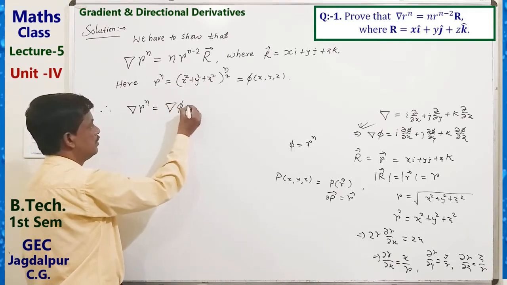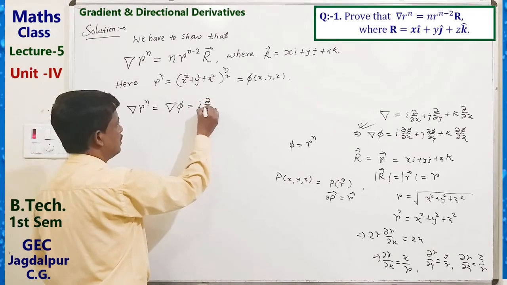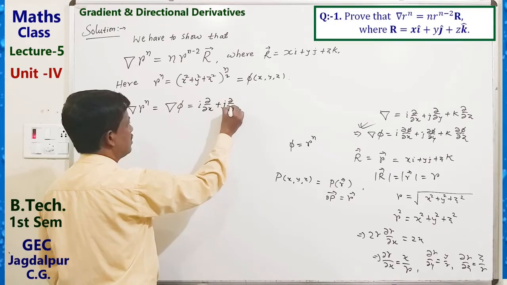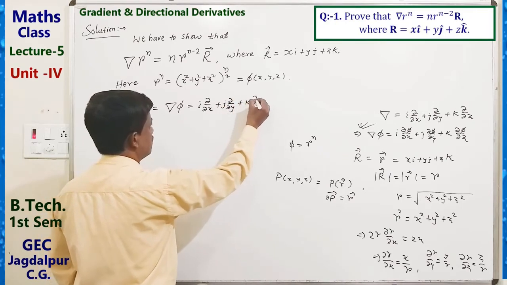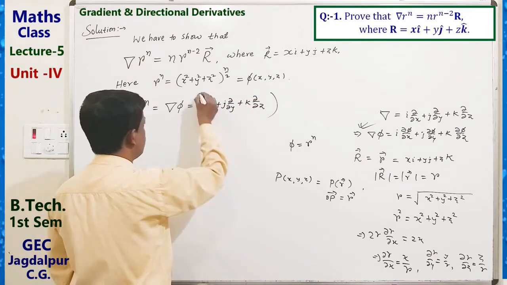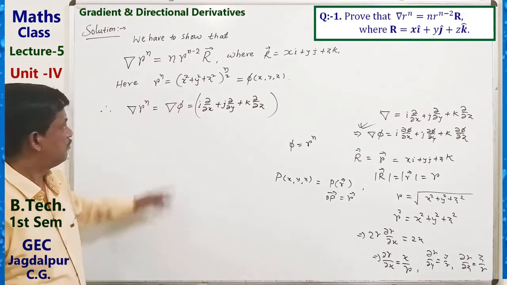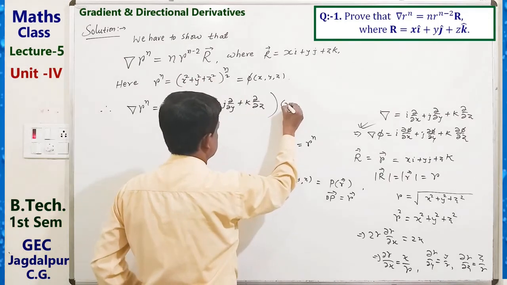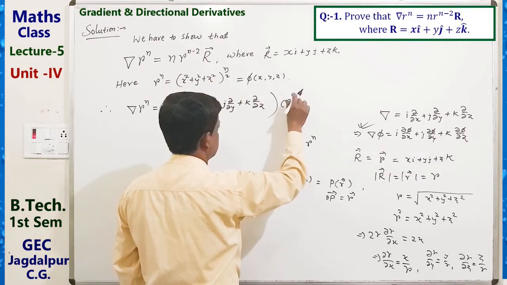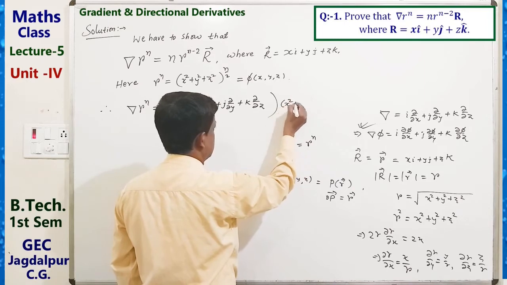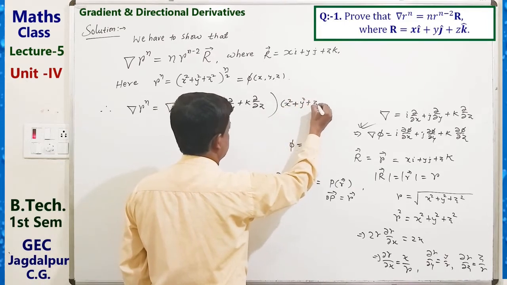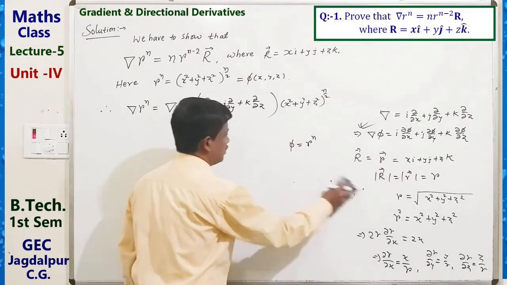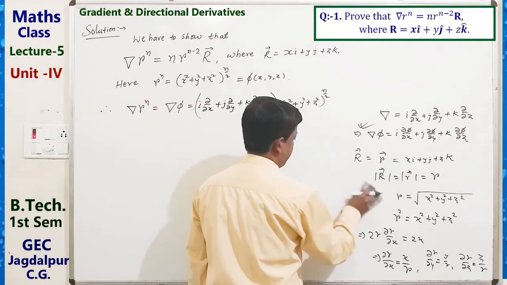Therefore del of r to the power n, that is del of this phi, equals i del by del x plus j del by del y plus k del by del z. This is the operator del, and in place of phi we put x square plus y square plus z square to the power n by 2. Clear? Now we can solve it.